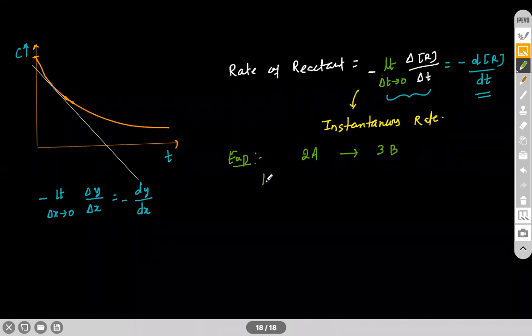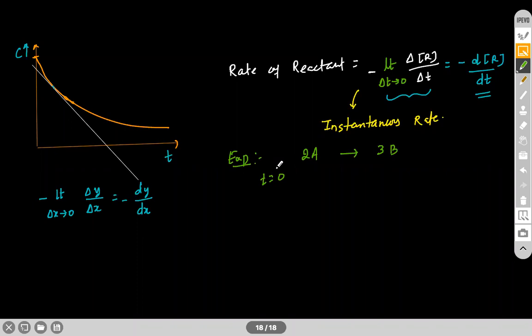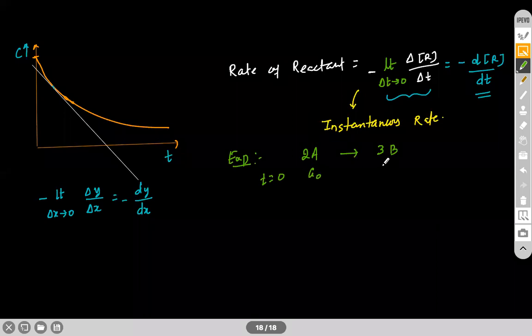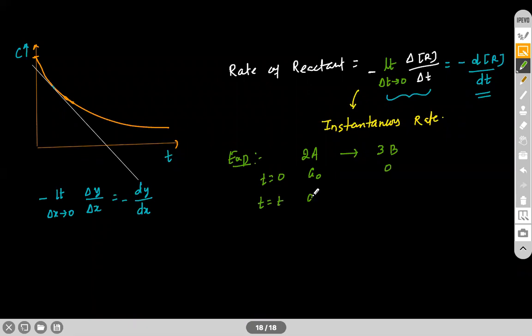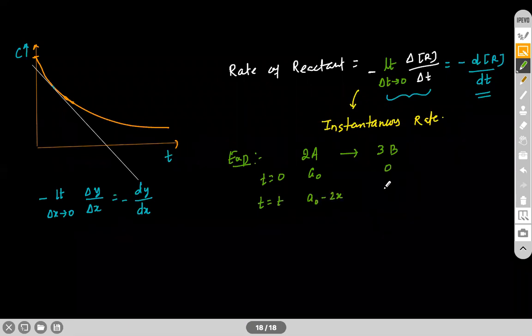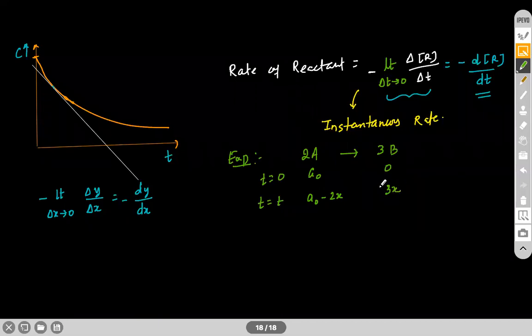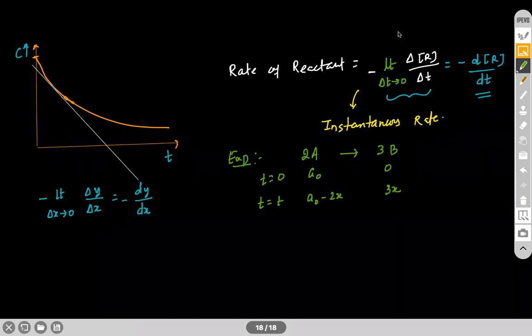Okay, at time t equals 0, the initial concentration of A I am assuming is A naught, and B is 0, and at time t equals t, A becomes A naught minus 2x, and B becomes 3x. No doubt in this? No doubt in this? No, sir. Correct.